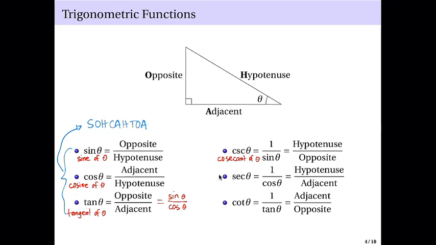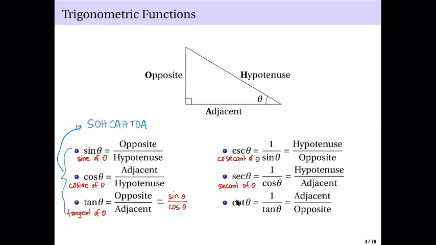And then for this, sec theta, this is secant of theta. This is defined to be 1 over cosine theta, so it's the reciprocal of your cosine theta. Using the names here, secant of theta is hypotenuse over the adjacent.